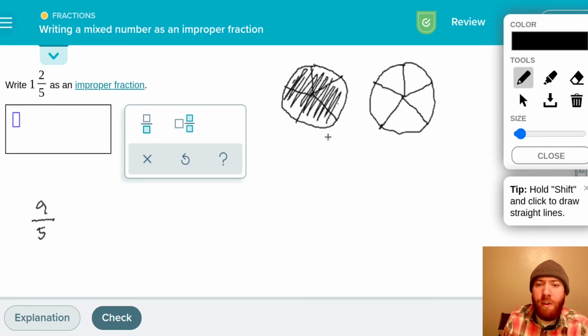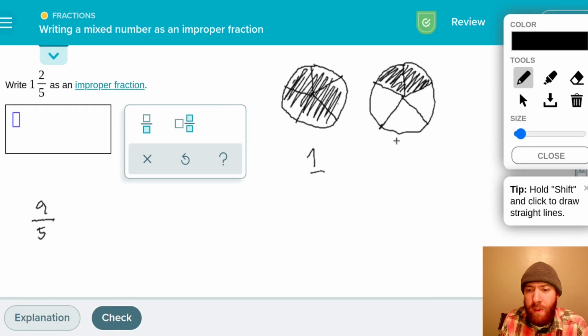So this is 1 right here. And then 2/5 would be just 2 out of the 5 slices filled in. This is 2/5. So together, these represent 1 2/5.